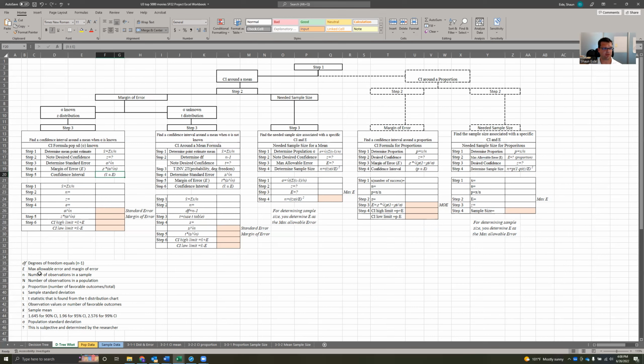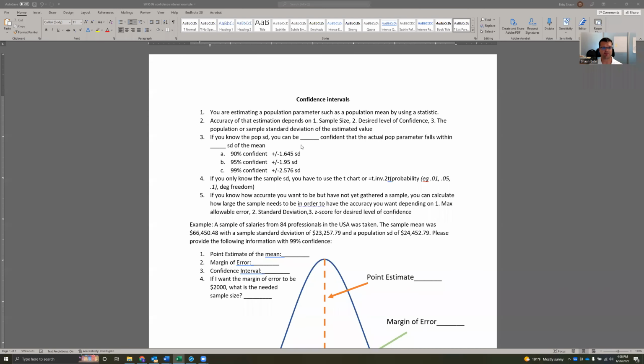And right down here, you've got a nice little key: n, number of observations in a sample; number of observations in a population; proportion; sample standard deviation; and so on and so forth, going all the way down. You'll see in these equations, they are taking into account the sample size, the desired level of confidence, and the standard deviation, just like what it says right here.